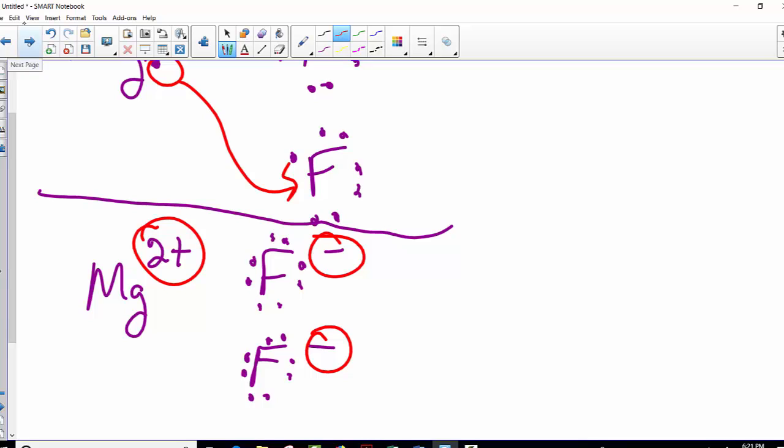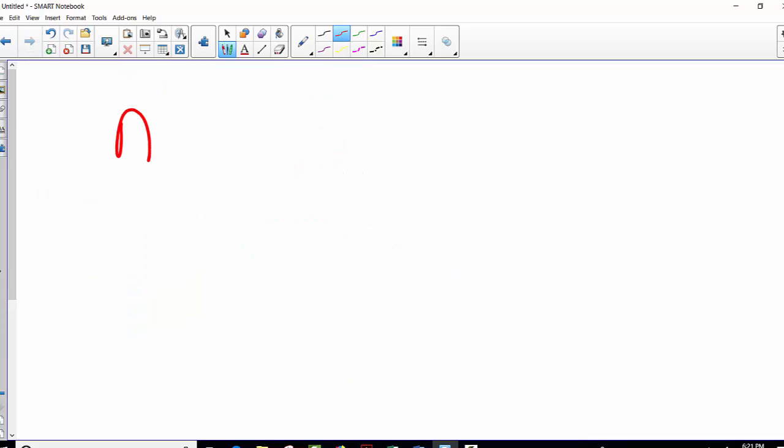Let me give you a hard one to do. Aluminum and oxygen. So the first thing I'm going to ask you to do is write the valence for those two things. Okay, here's the valence. Aluminum has 3.